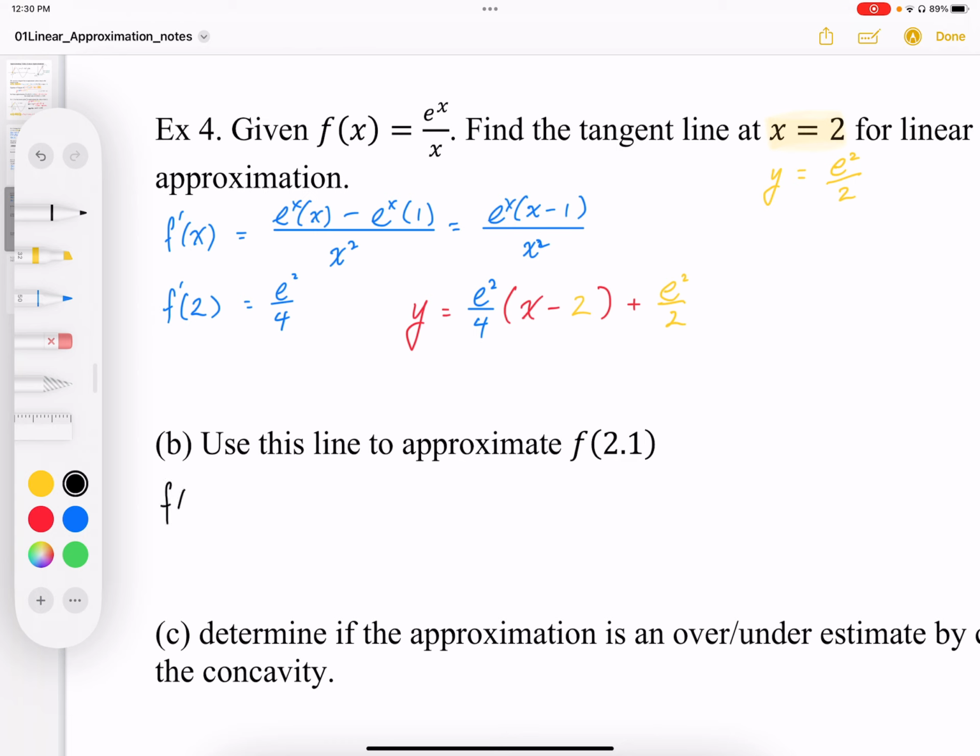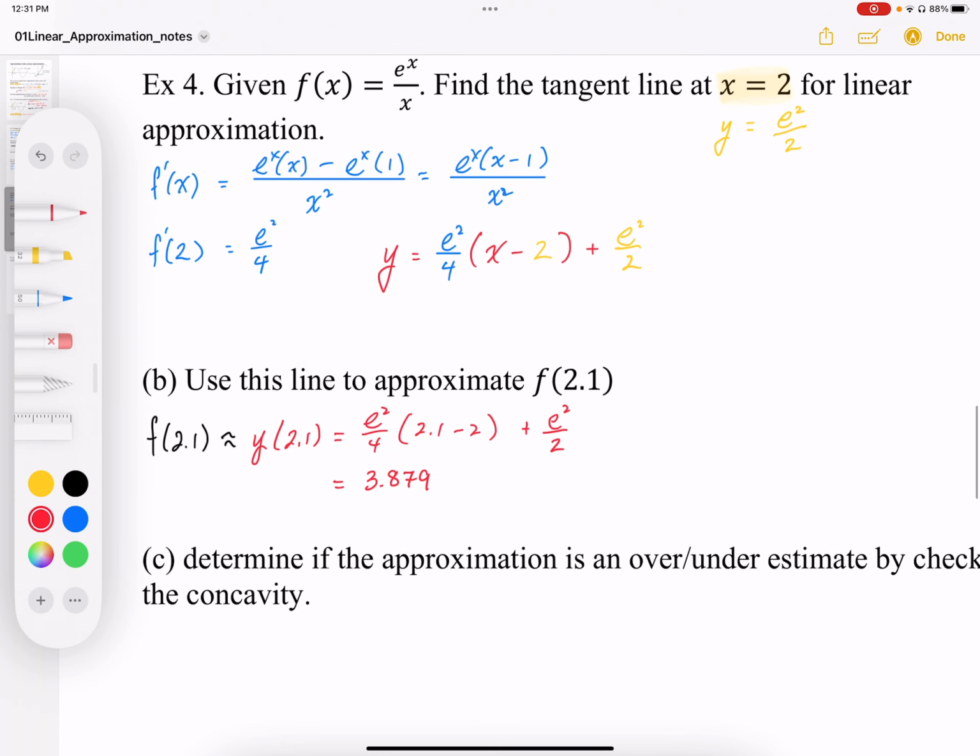So f of 2.1 is going to be approximated by the y value on the linear equation at 2.1. And when I plug this into my calculator, I'm going to end up with e squared over 4 times 2.1 minus 2, plus e squared over 2. Okay, so plugging this into the calculator, we end up with a value of 3.879. Okay, so that's our linear approximation.